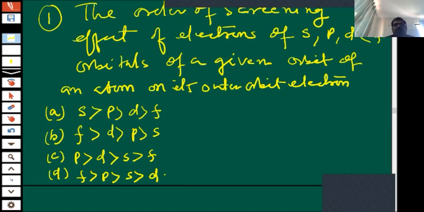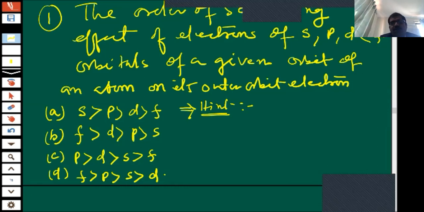Actually this question is trying to know whether you know which orbital has more screening effect. Children, that is the information they want to know. You can take a hint; the hint I already gave you in my previous points.